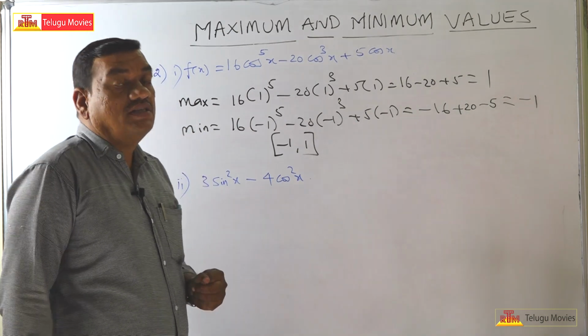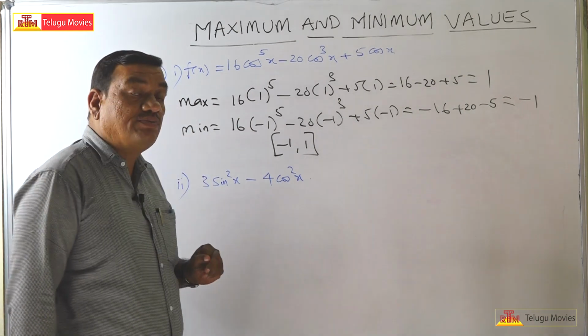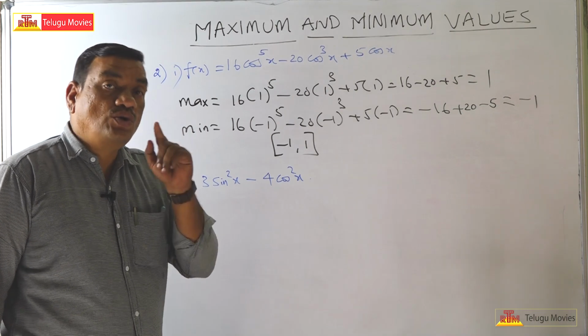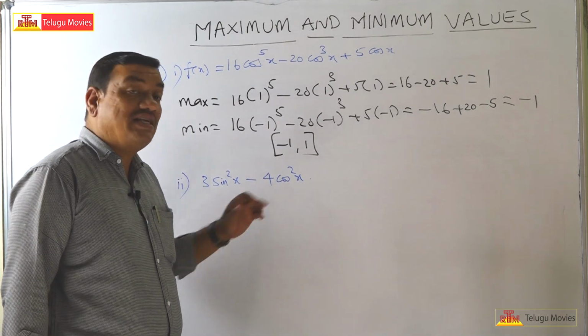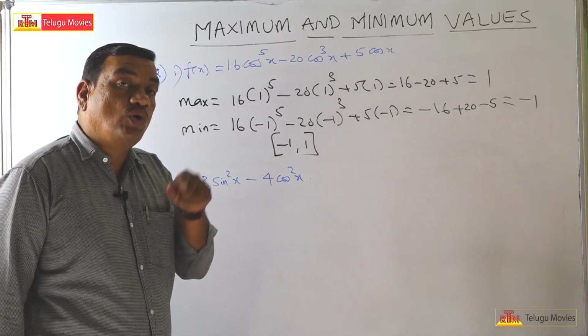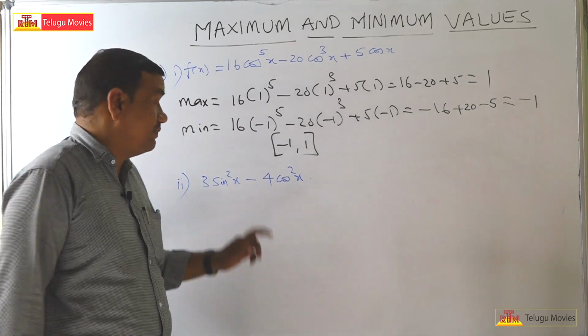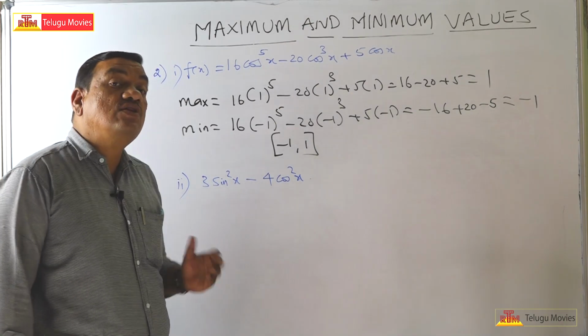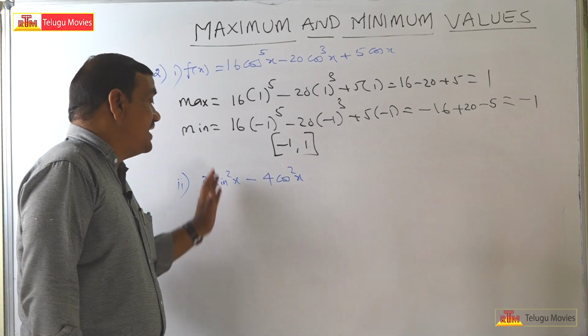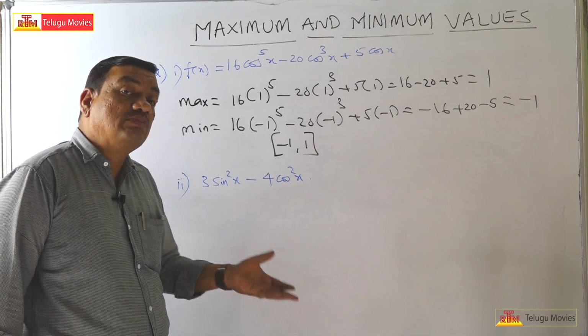See the graph. Sin x is maximum when x is equal to pi by 2. Cos x is maximum when x is equal to 0, because cos 0 is 1. So for different values of x, sin x and cos x attain maximum and minimum values.